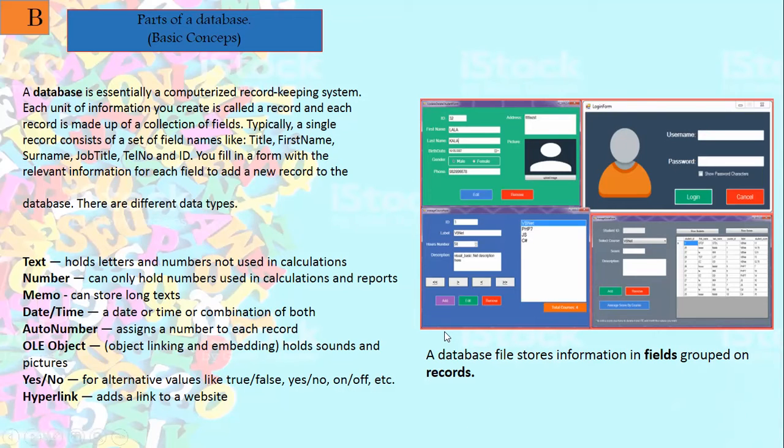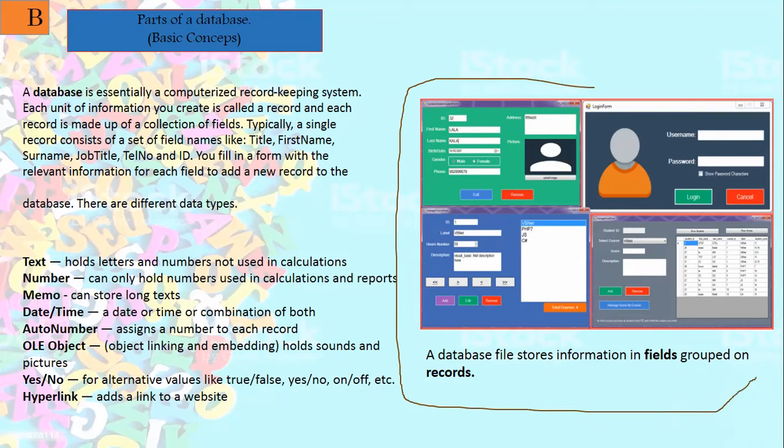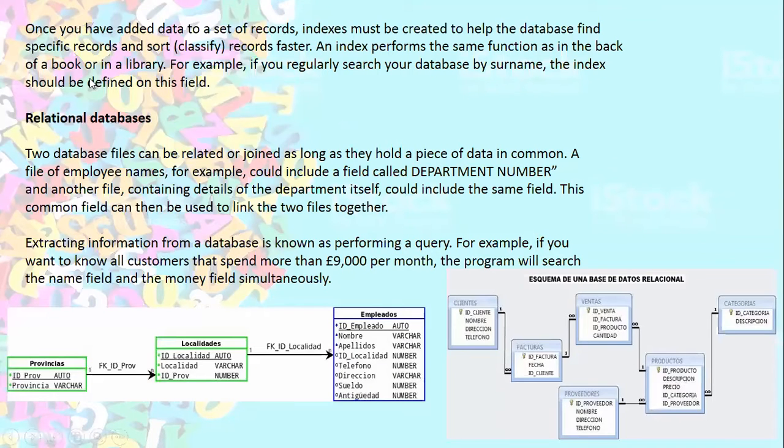And this is an example of a database file storing information in fields, grouped in records. Once you have added data to a set of records, an index must be created to help the database find specific records and sort and classify records faster.